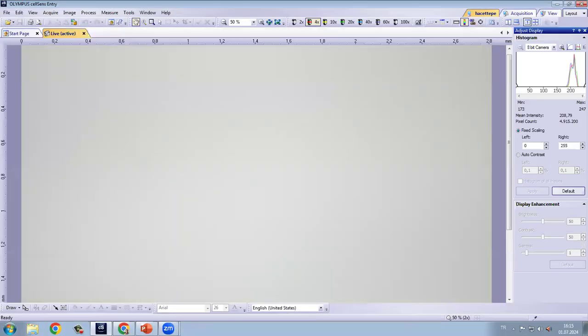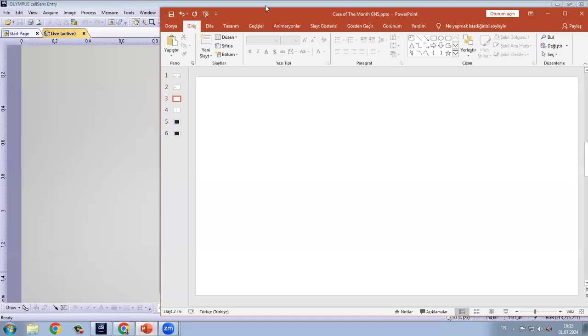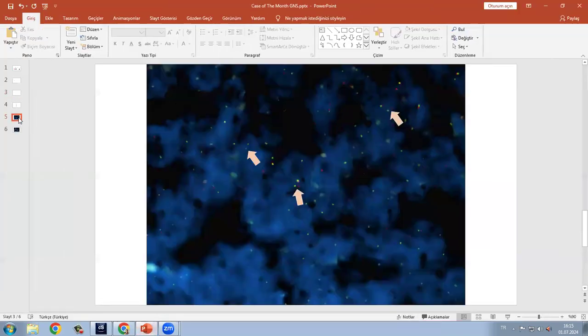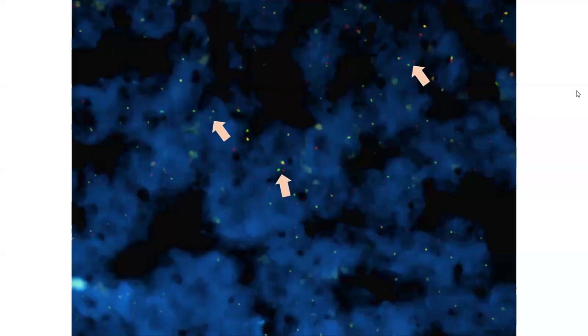These two immunohistochemical stains have prompted us to do a fluorescence in situ hybridization study to see whether the EWSR1 gene had any rearrangements or not.